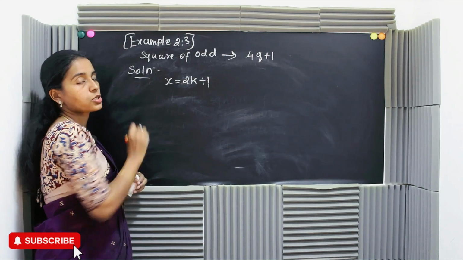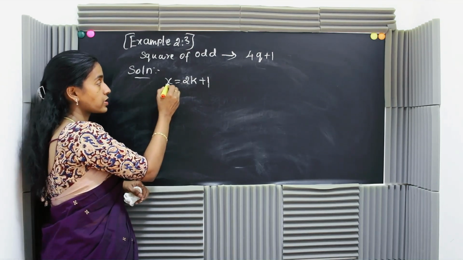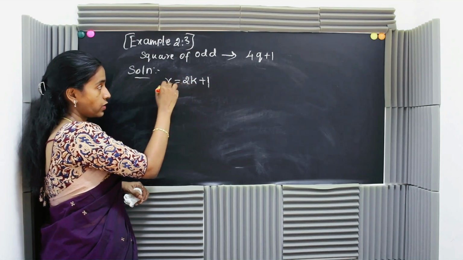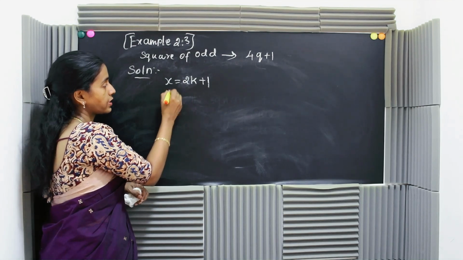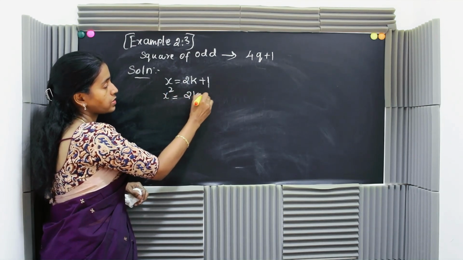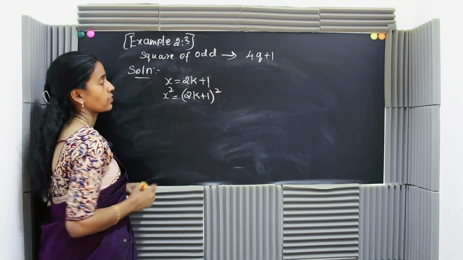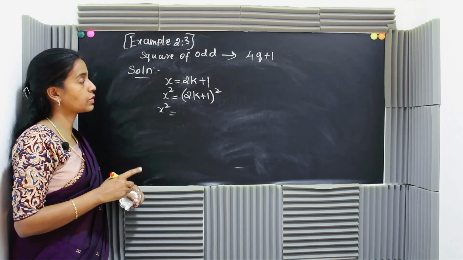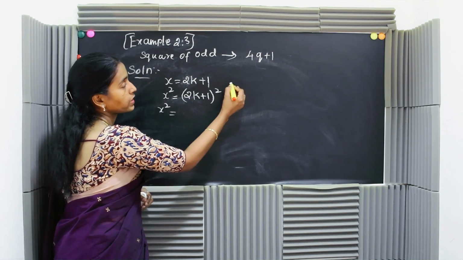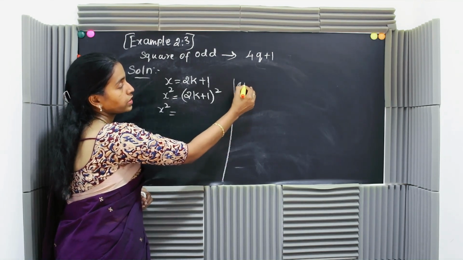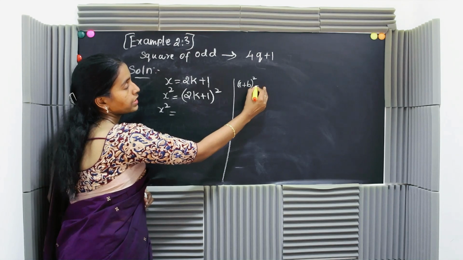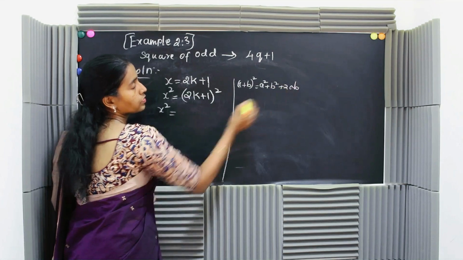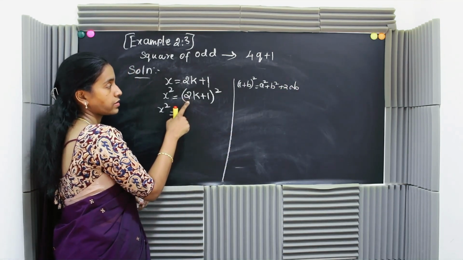Now I should take the square value. So I am going to find the square on both sides. x squared equals 2k plus 1 the whole square. Here 2k plus 1 is in the form of a plus b the whole square. The formula for a plus b the whole square is a square plus b square plus 2ab. Here what is a? 2k, right?